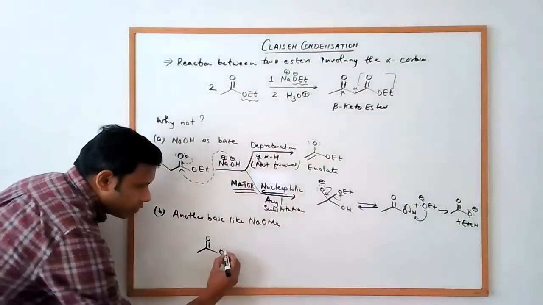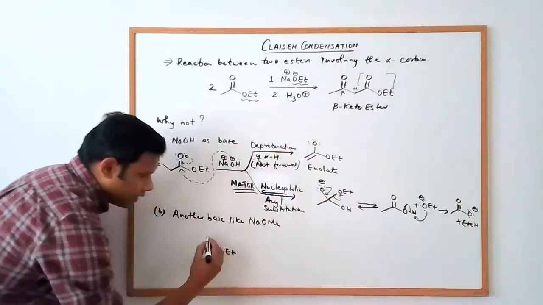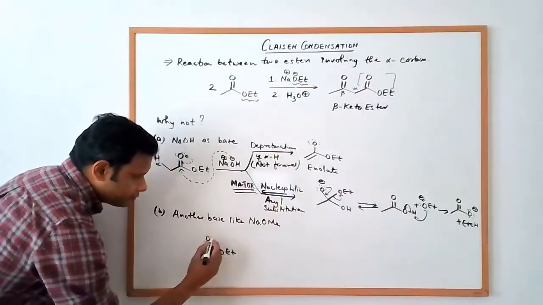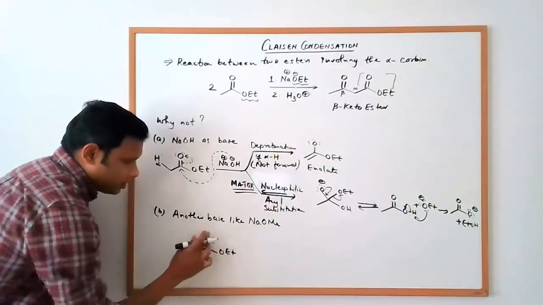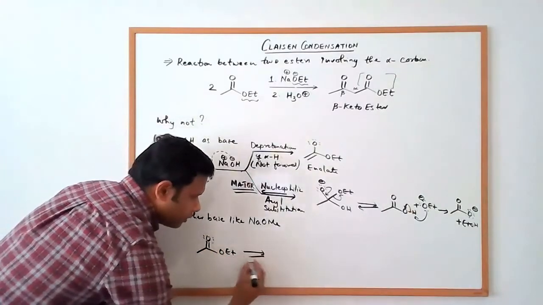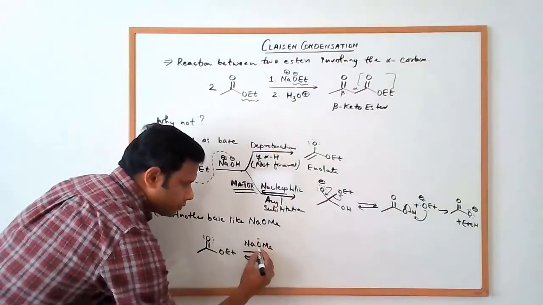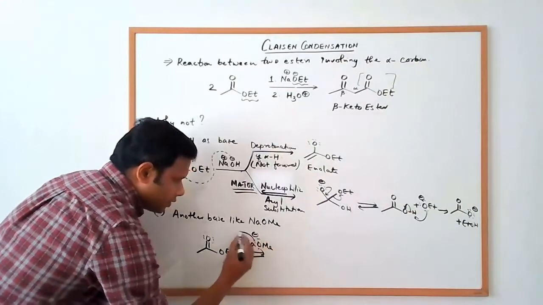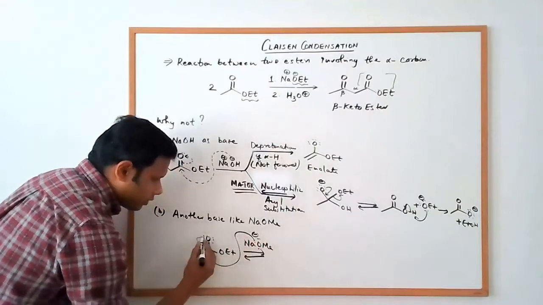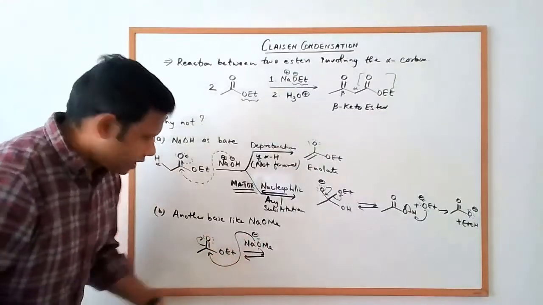So what we're going to get is we will have the ethyl ester, and if we use sodium methoxide along with it, then we are going to get what's called a transesterification reaction.